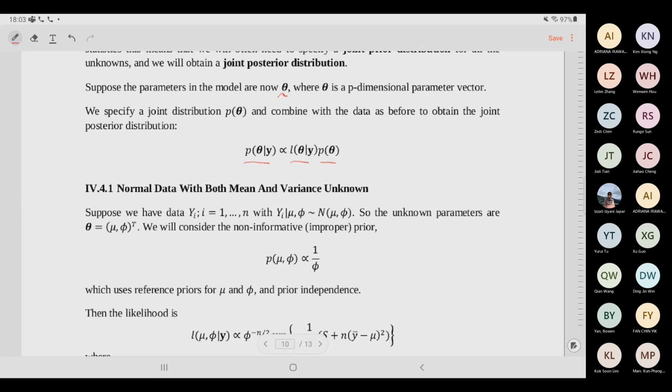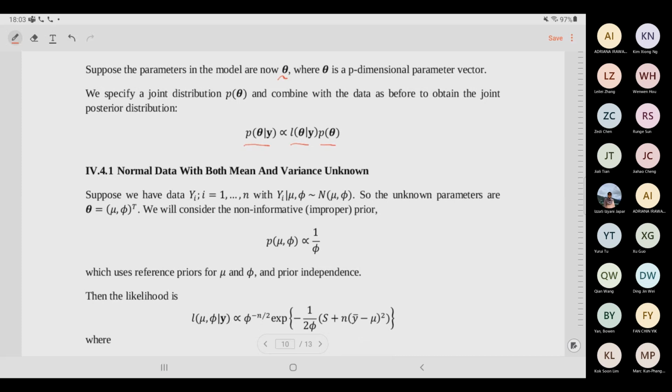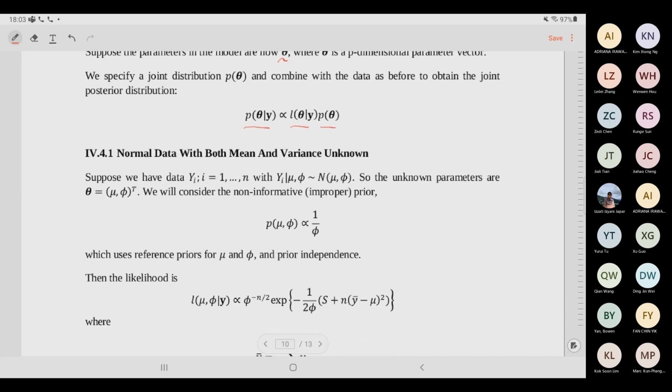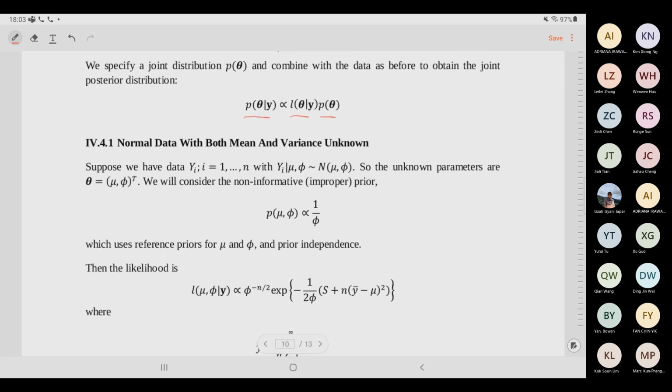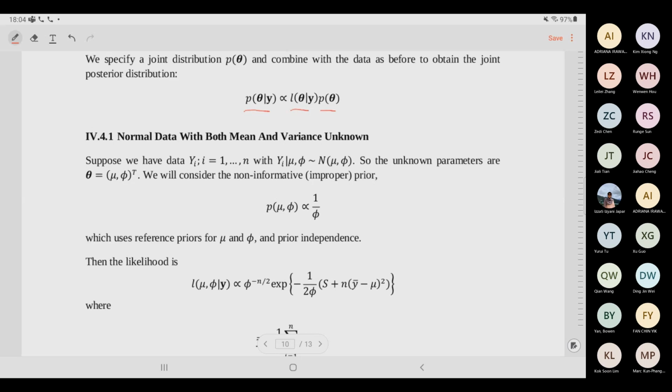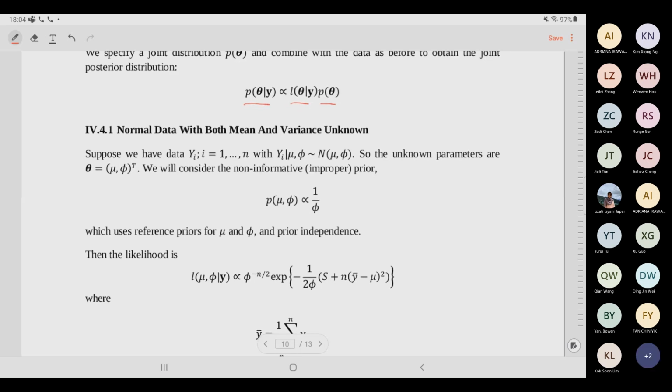All right. So we have the most common one, which is again our normal. So before, if you see in our examples and also in our tutorials, we always have the normal likelihood, and then we have the parameters which are the mean and the variance. Before, because we had only one parameter, we assumed for the example that the mean is unknown and variance is known, or that variance is unknown and mean is known, right?